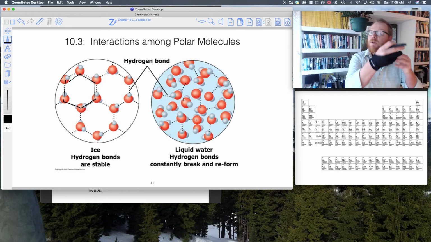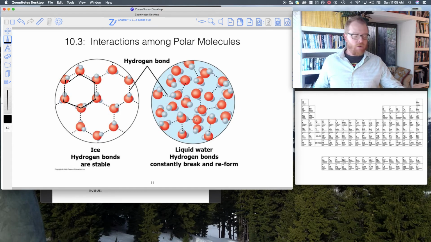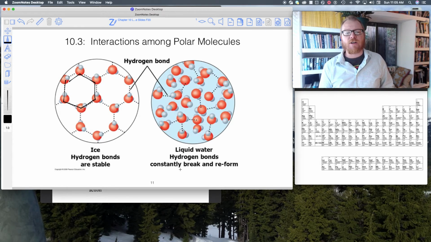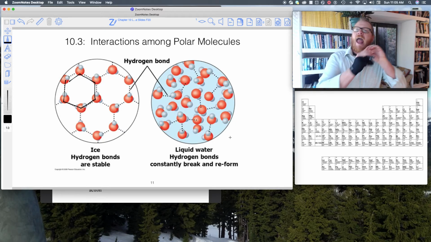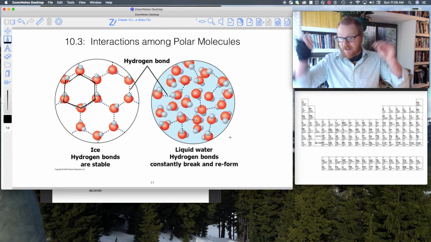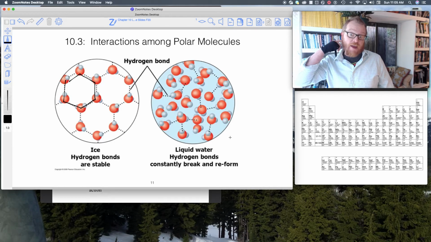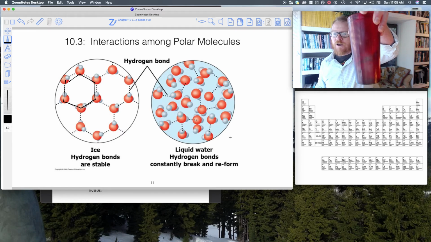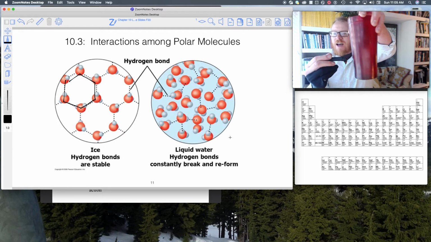it's constantly tumbling around like other liquids do, as I demonstrated right here, right? So these hydrogen bonds are constantly breaking and reforming as water molecules want to move around in this liquid phase. And as it turns out, that's strong enough that when I slosh it around, look at how the water can rise up, right?